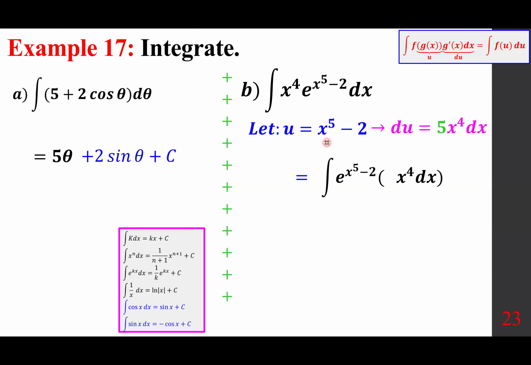We are going to rewrite this so it becomes clear what is given and what is missing. As you can see, this is e to the power of u. This one is not du because number 5 is missing. Instead of solving for dx, because 5 is a number, we're going to throw in the 5 and its reciprocal 1/5. And now we have 1/5 the integral of e to the power of u du, which means I can get 1/5 e to the power of u and a constant.